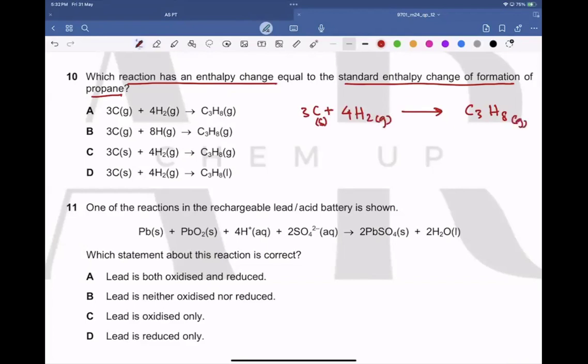So we are going to get this gas. So see, these three are gases and this is liquid, which makes D wrong. And over here, the carbon is in a gas state, so A and B go wrong. So C is the correct answer because the reactants and product must be in their standard states. Is this clear to all of you?